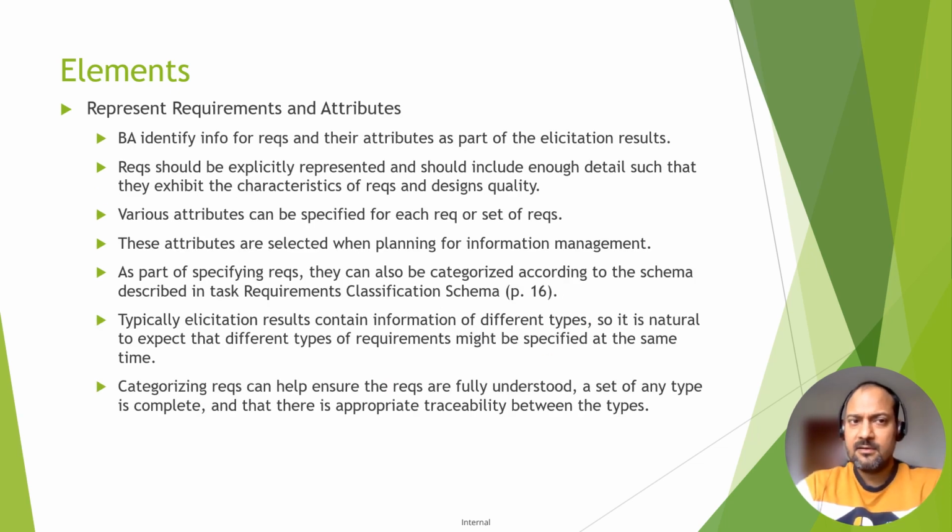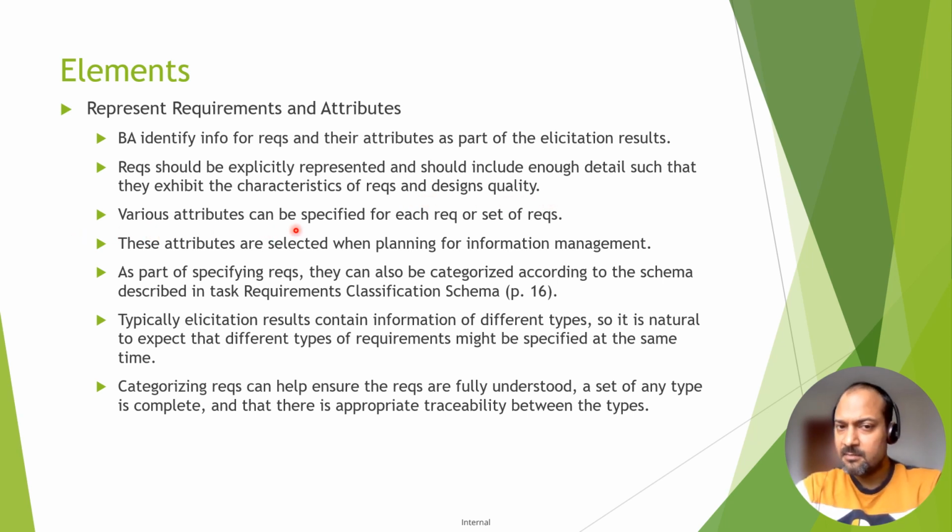Then we have another element, which says represent requirements and attributes. Business analysts identify information for requirements and their attributes as part of the elicitation results. Requirements should be explicitly represented and should include enough detail such that they exhibit the characteristics of requirements and design quality.